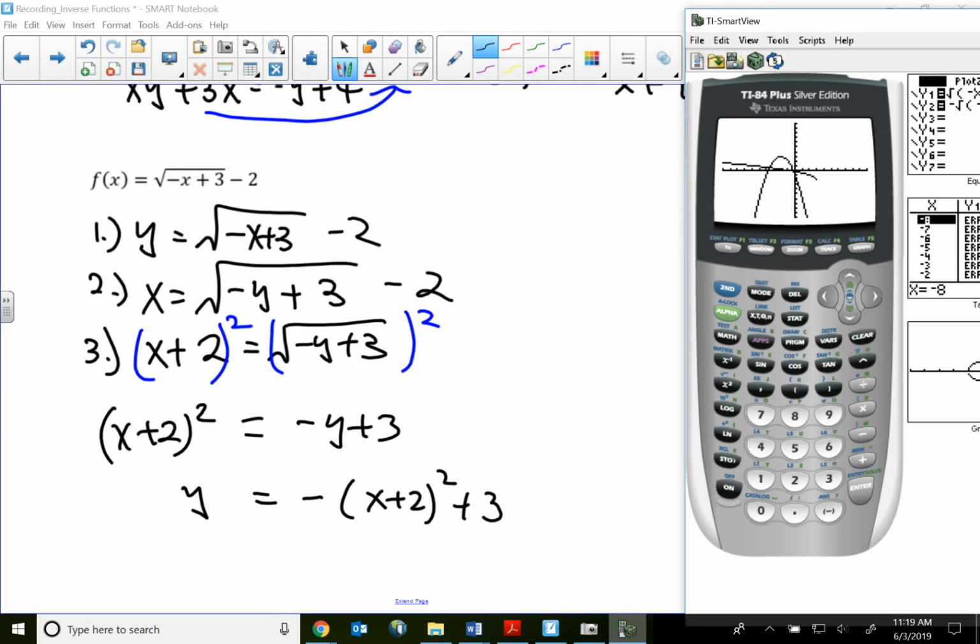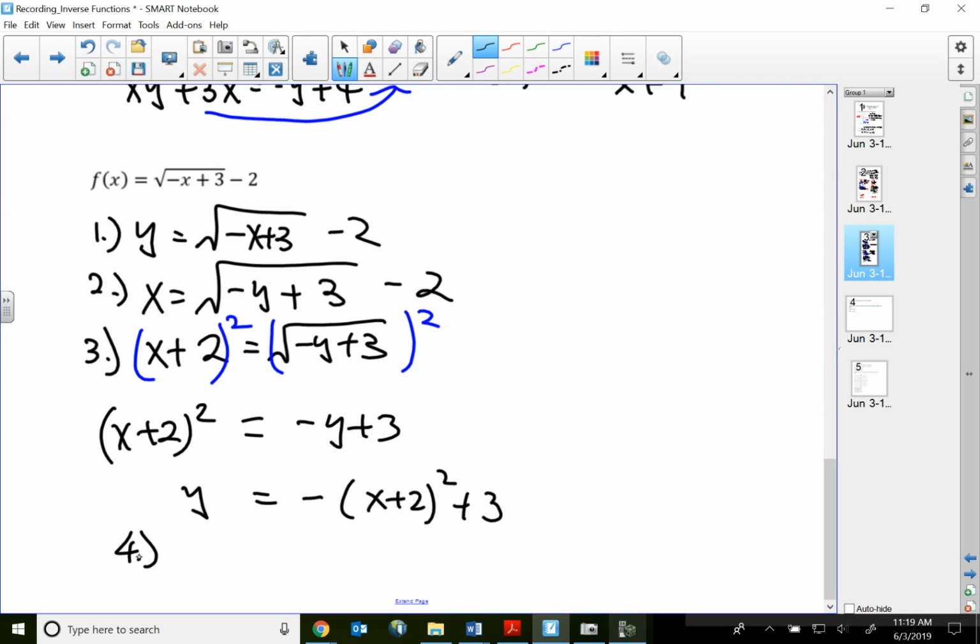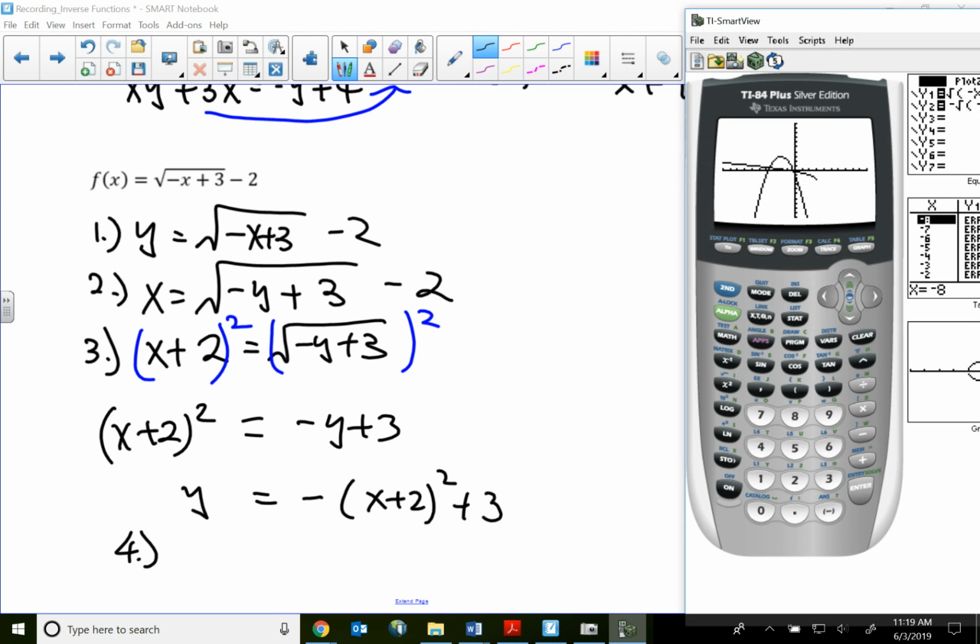So everything looks legit. All right, so step number 4. By the way, I don't know if you ever noticed, the button I use for square root is actually on the x squared. Why are the two on the same button? Well, because these two commands are inverse to each other.